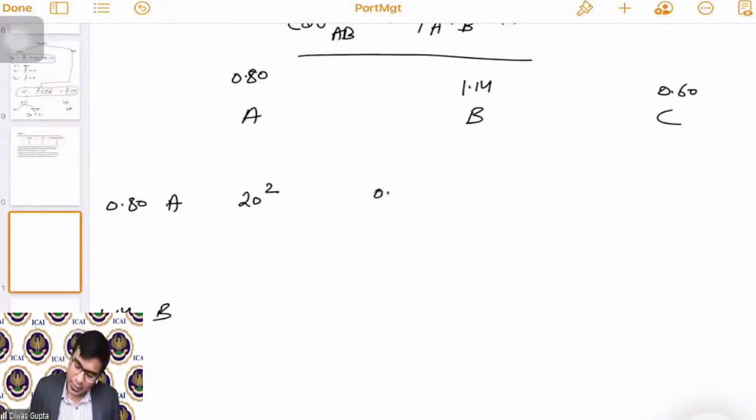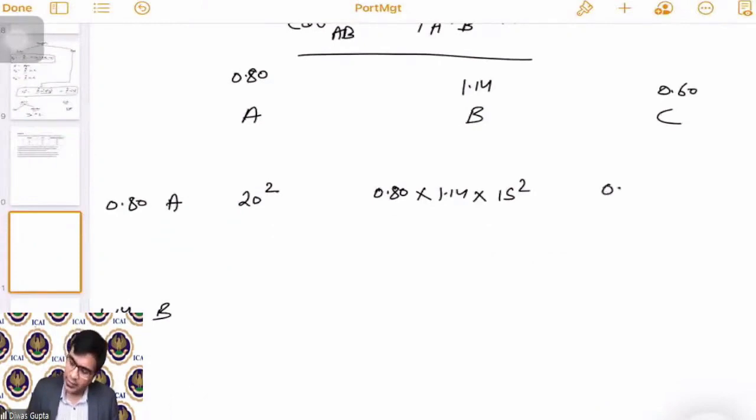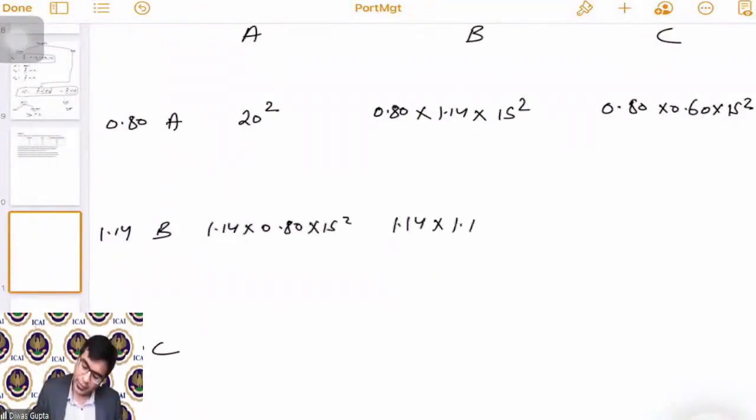Then here it comes 0.80, beta 1, what is the beta 2? 1.14, multiplying it with the market standard deviation square, correct? Similarly, here it will be 0.80, 0.60, 15 square. Here it will be 1.14, 0.80, 15 square, 1.14, 1.14.